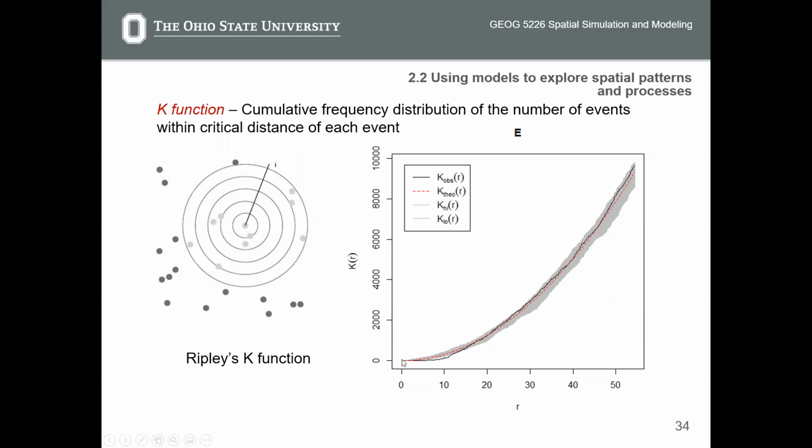But this relationship, positive correlation, is not linear. At the very beginning, for example, from 0 to 10 units of R, you can see that as R increases, more events are included in your searching area for sure, but the speed is pretty low.